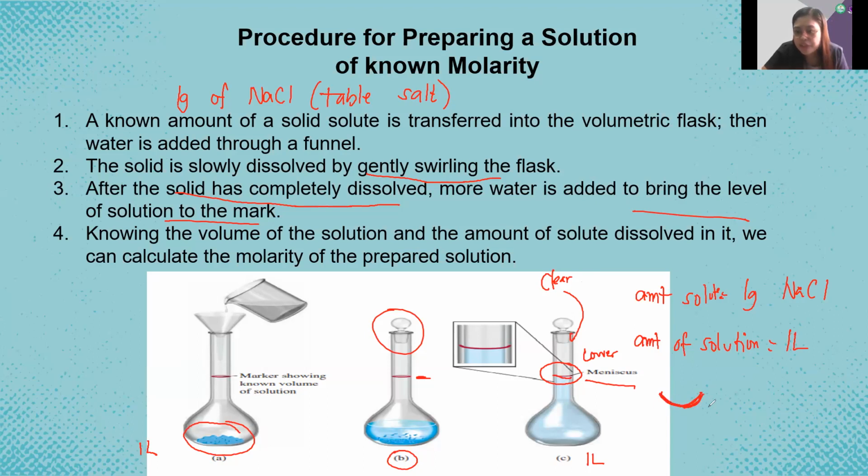So you have to read it here sa lower meniscus. That's 1 liter already. And that is true for clear solution, just like the sodium chloride solution. Pero kapag colored solution and turbid solution class, you have to read it sa higher meniscus. Okay? So you will be reading here sa taas to get the accurate amount of the volume.